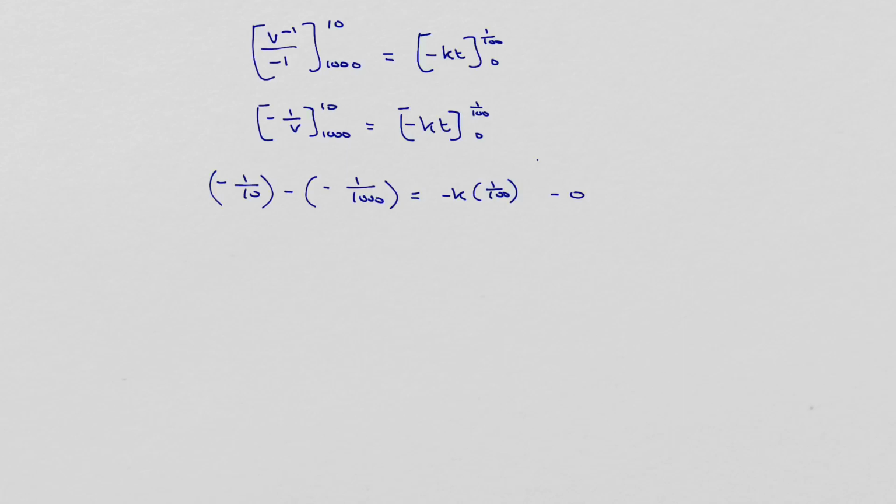Okay, so we want to get k on its own, so I'm left with minus 1 over 10 plus 1 over 1,000 is equal to minus k over 100.